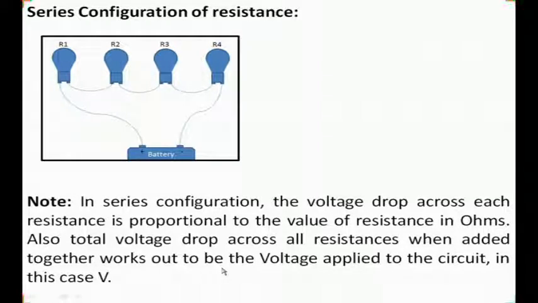Area of cross section is inversely proportional to resistance, and length is directly proportional to resistance.